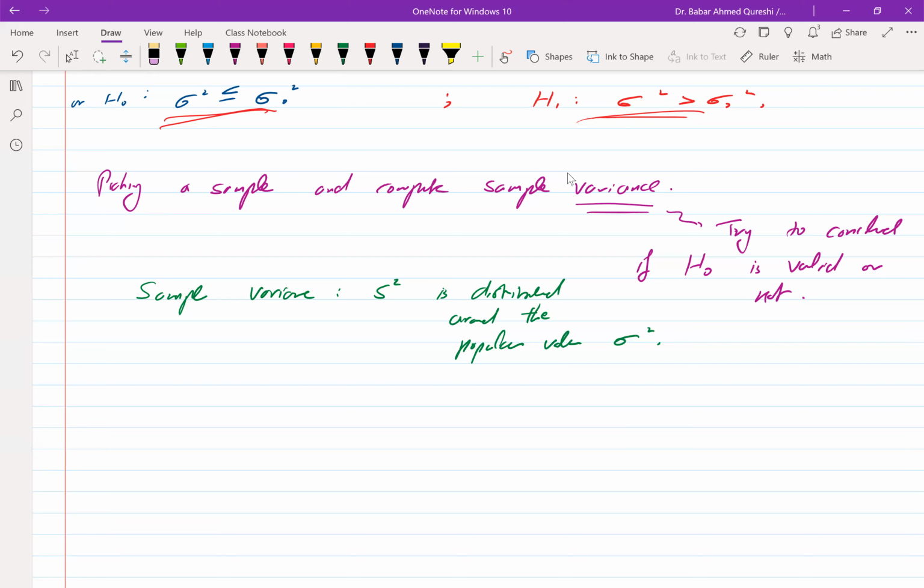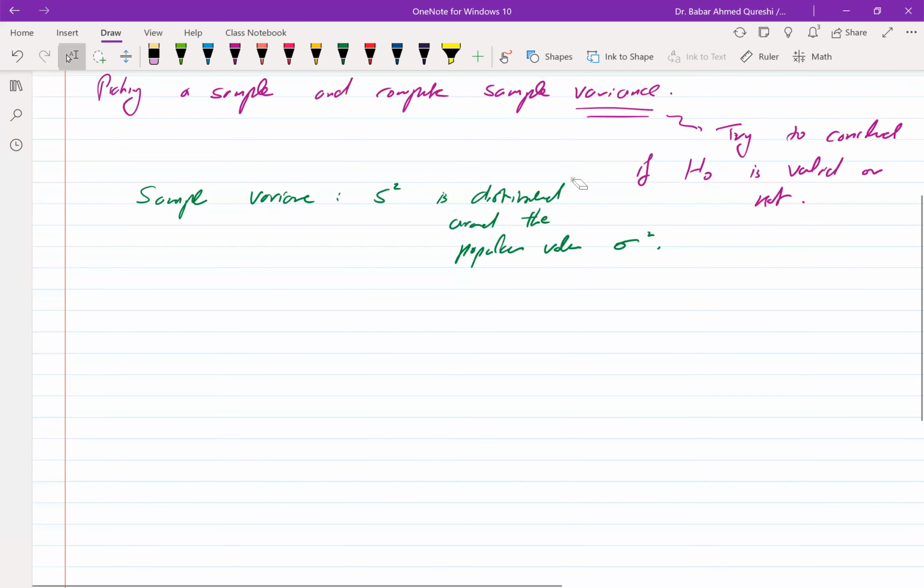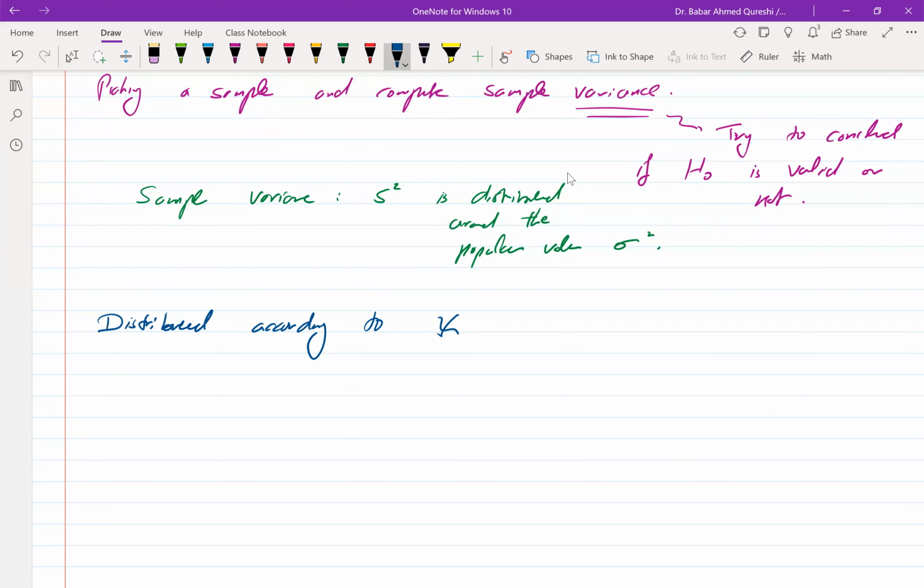Well, let's say sigma square. Whatever the population value is, it's distributed around that. And how is it distributed? It's not normally distributed. It is distributed according to the chi-square distribution.